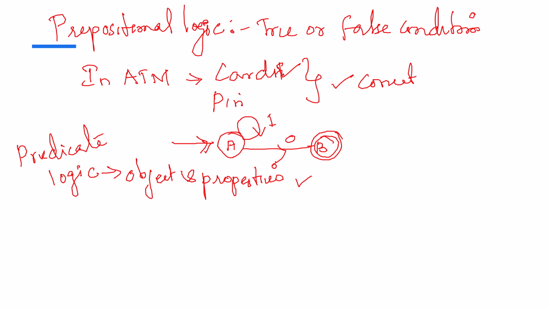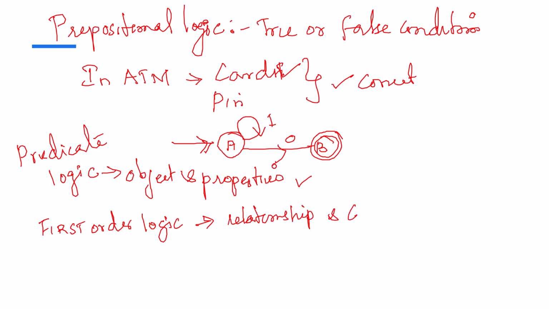Next one is first order logic. First order logic describes some complex relationships and constraints.